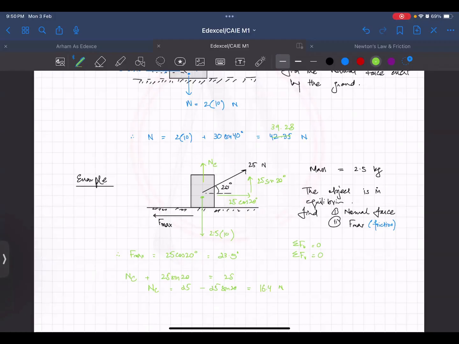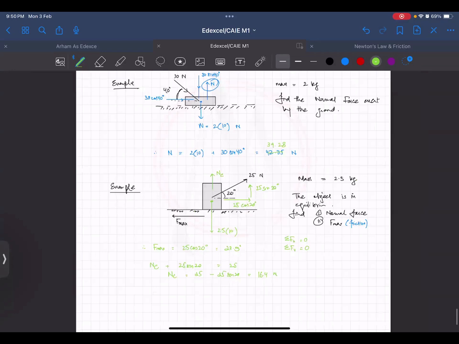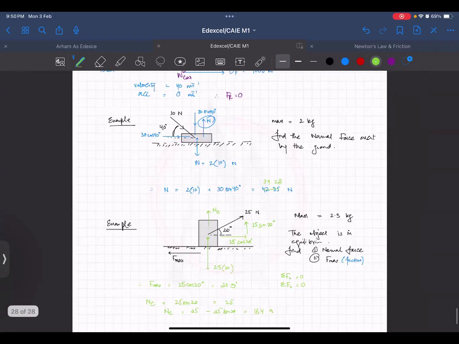So this is how you would relate the weight, the normal contact force, and friction. Any questions? Ask now. Copy this down. If you have any questions, ask.